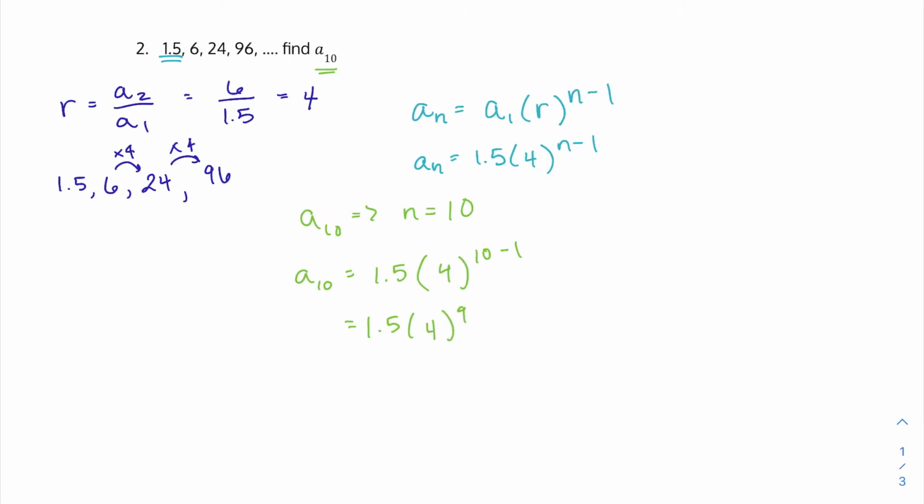Okay, if you type it just like that into your calculator, it should be all good. So long as you put parentheses and all that, you should get an answer straight out. And we will see that the 10th term is 300,093,216. And then this one is done.